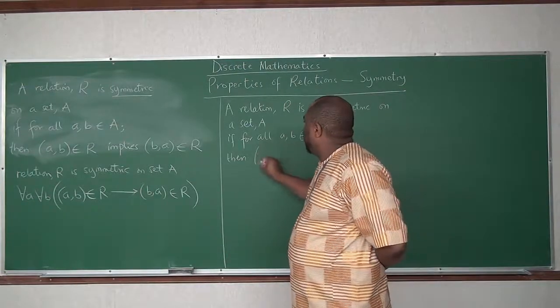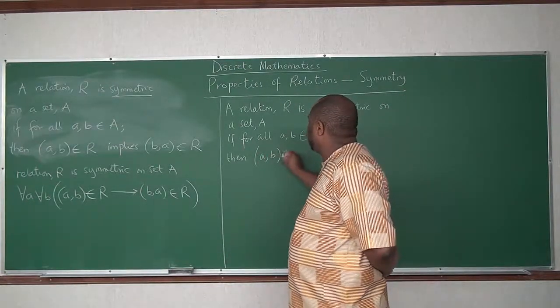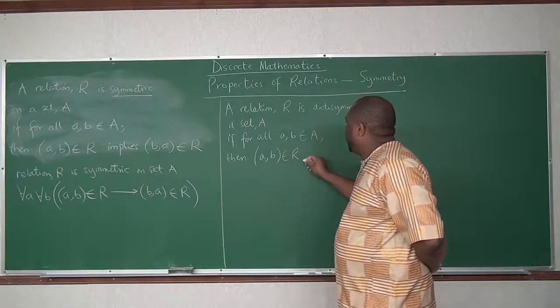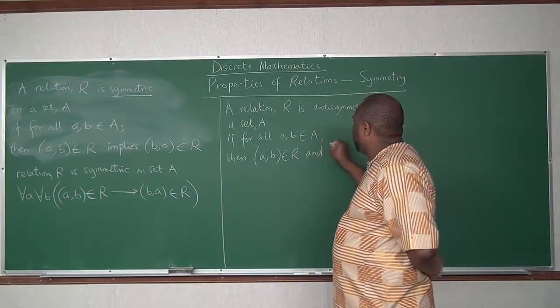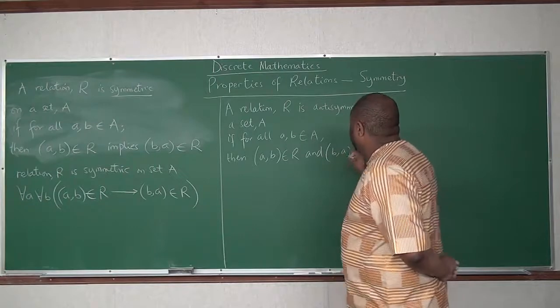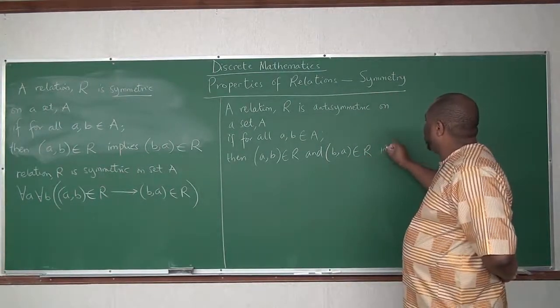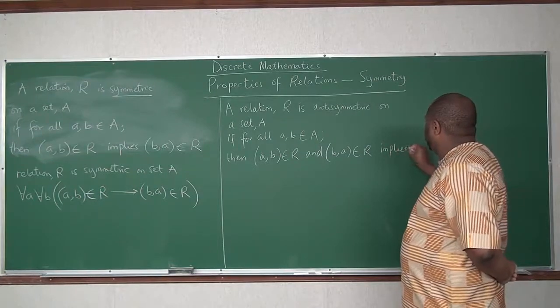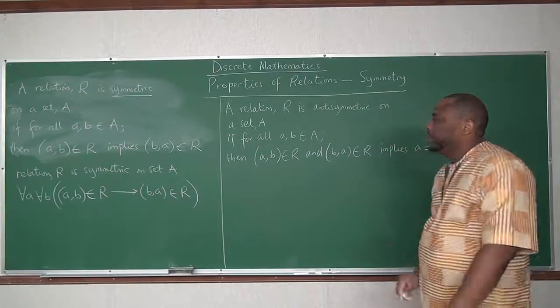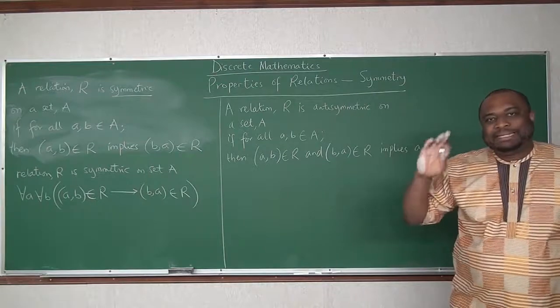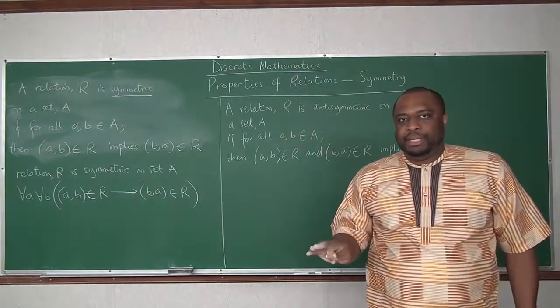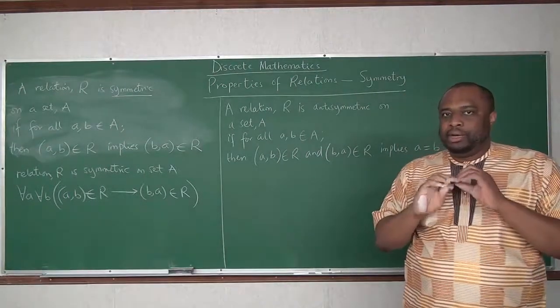Then AB is an element of R and BA is an element of R implies A equal to B. If A is not equal to B, then no way.